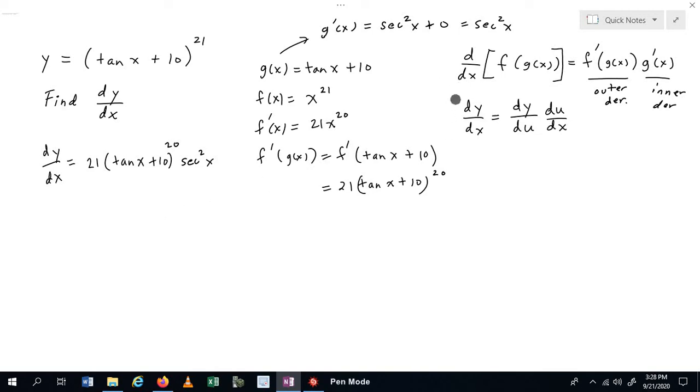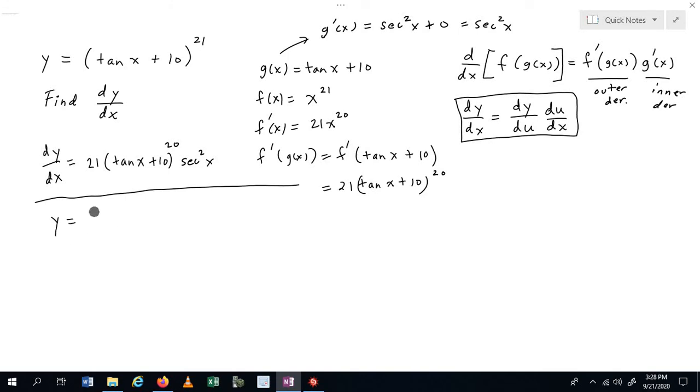Now, you could have also used this second form of the chain rule. If you're going to use this form to find the derivative, what you need to do is, instead of writing this as f of x and g of x, so that f composed with g of x equals this function, you have to write down y in terms of u, and then write down u in terms of x.